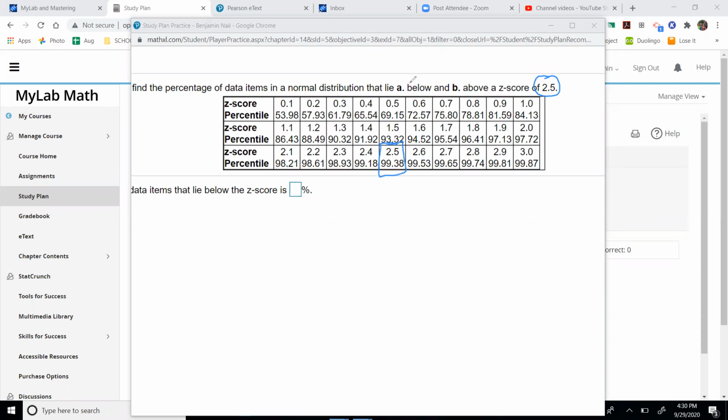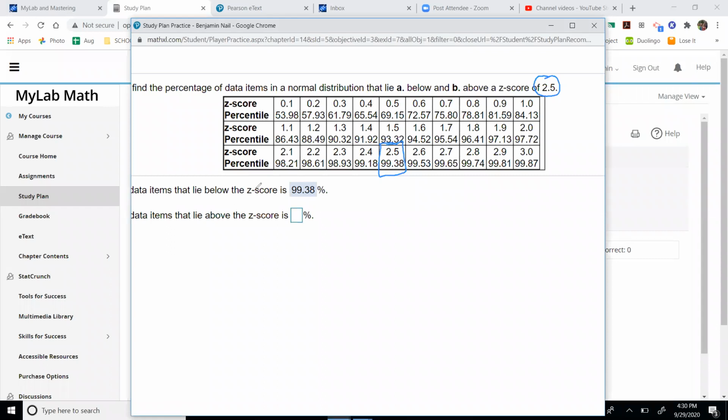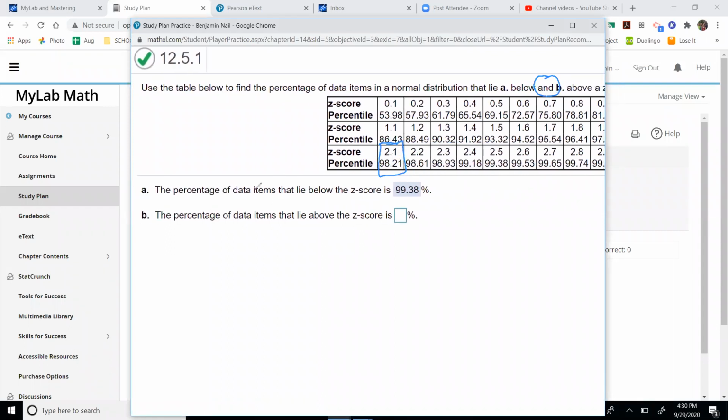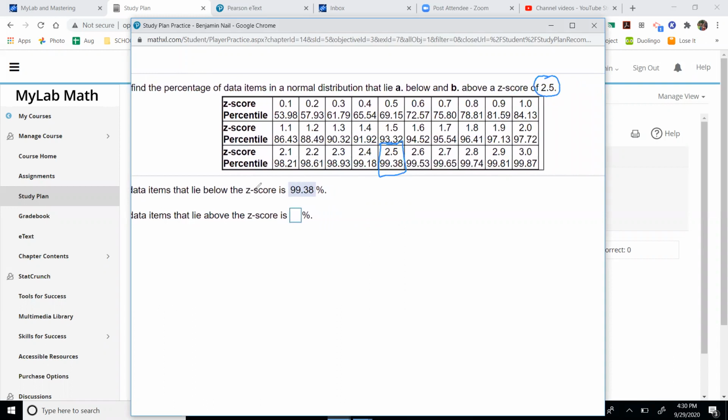So question A, what is the percentage of data items that lie below a z-score of 2.5? That is simply that percentage there, 99.38%. Good job.